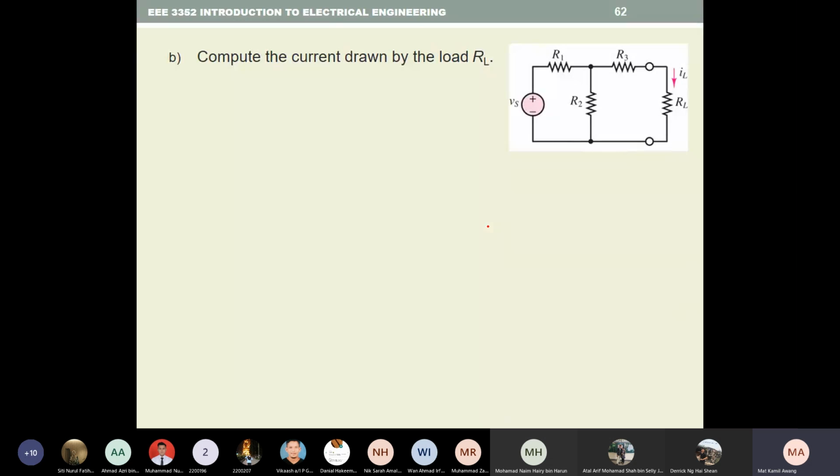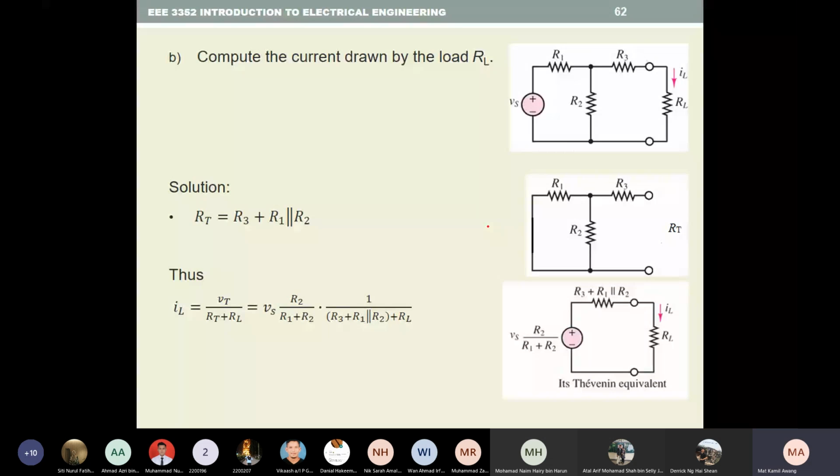If you want to find the IL drawn by the RL, V Thevenin we found already. Now we find the R Thevenin. R Thevenin is basically R1 parallel with R2, plus R3. So this whole circuit, this part, can be replaced by this part.